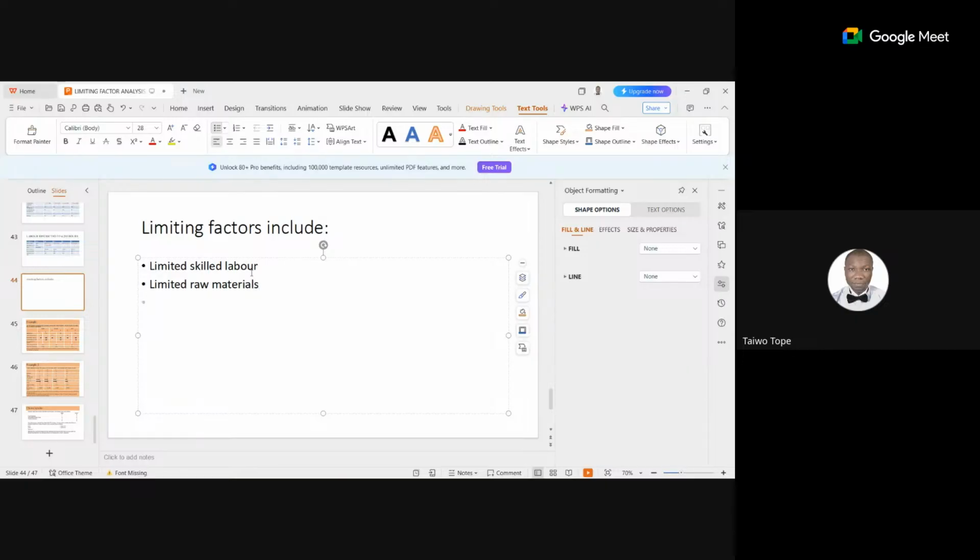Also, we can talk about limited labor hours. So these can be limiting factors.